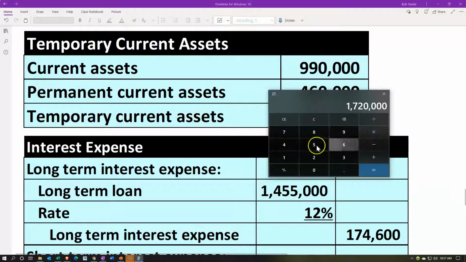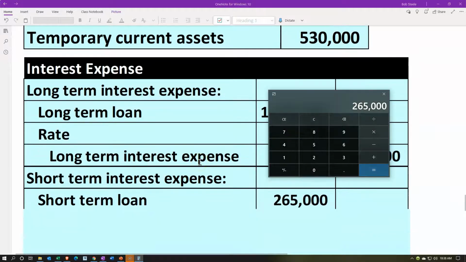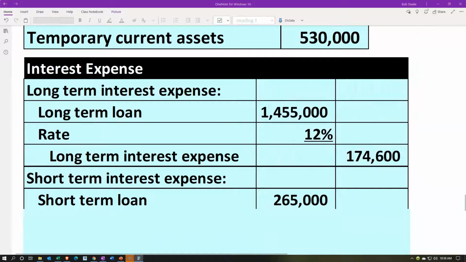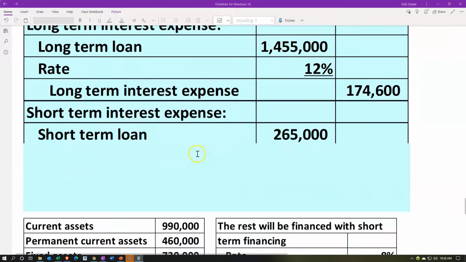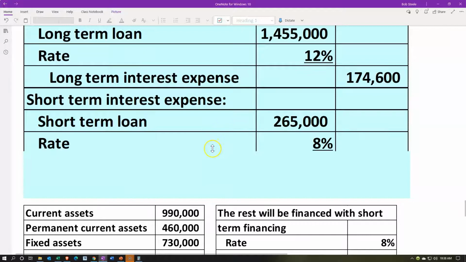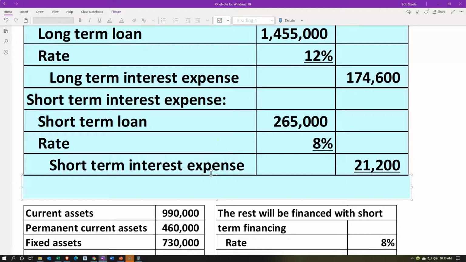We're going to subtract out what we financed with long-term financing, the 1,455,000. That's going to give us then our 265,000 that we're going to be financing with the short term. So then we're going to take that, multiply it times the short-term rate, that being the 8%, gives us the 21,200.